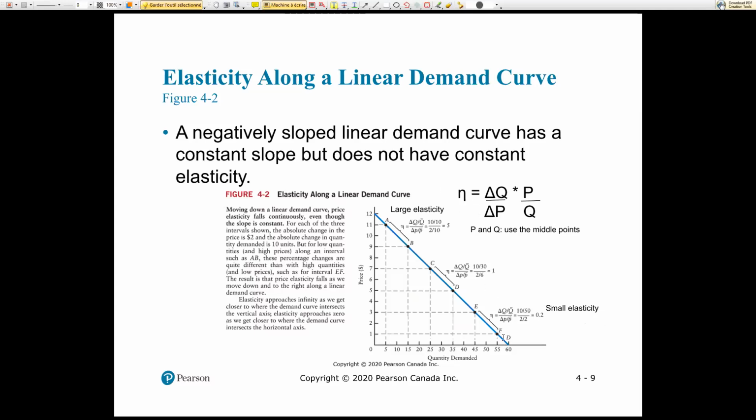And here, P over Q is small, so the elasticity is small. Always in absolute terms, right? Because delta Q over delta P is always negative. But in absolute value, in magnitude, it's small here and it's large here.